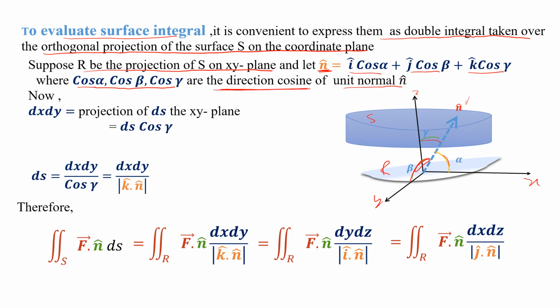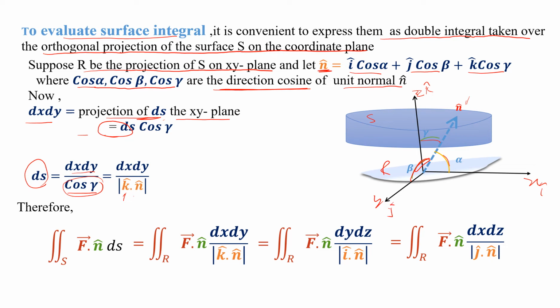Here cos alpha, cos beta and cos gamma are the direction cosines of the unit normal vector n cap. If we take the projection on the xy plane, the projection of dS on the xy plane, that is dx dy, is equal to dS cos gamma. So in place of dS we can write dx dy upon cos gamma, and cos gamma is k vector dot n cap, because the vector corresponding to z is k, corresponding to x is i, and corresponding to y is j.